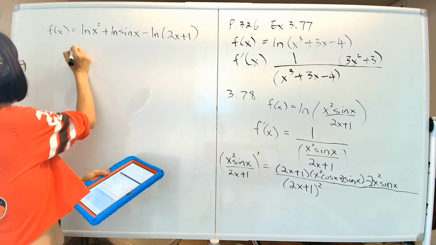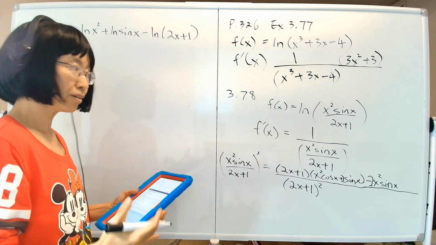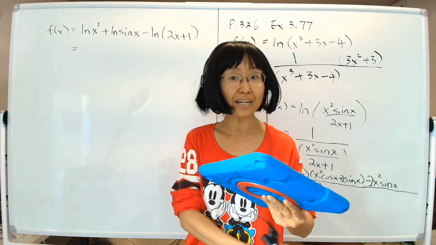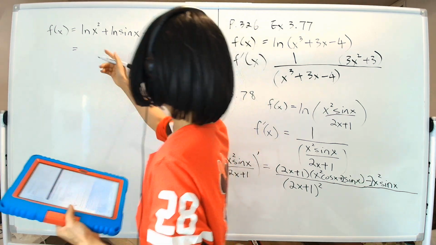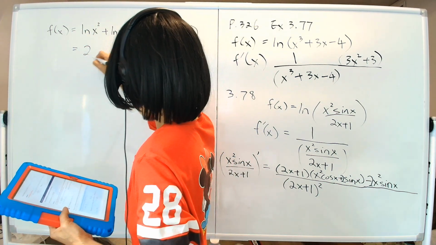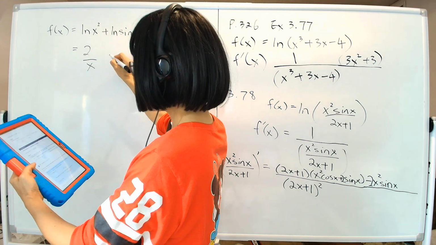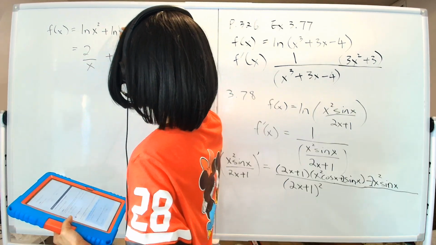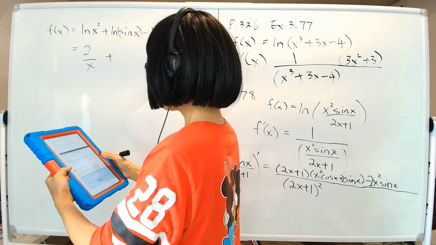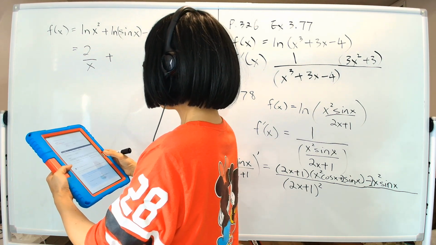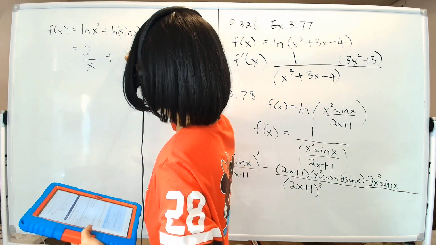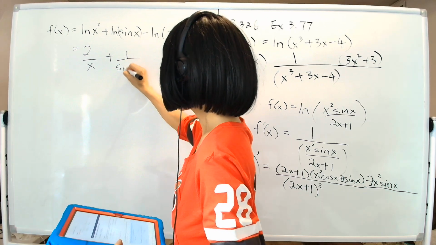So let's take the derivative of this. Remember, the derivative of natural log is 1 over x. So the derivative of this thing is, we'll write the 2 in front by the property of log, 2 over x, plus the derivative of the log of sine of x, which is of course 1 over sine of x.